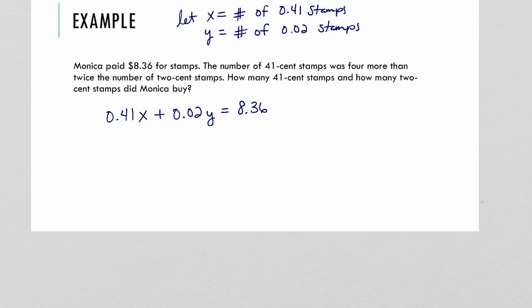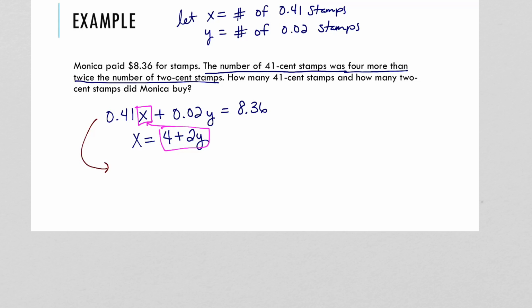Now, it says the number of 41-cent stamps was, so x was or is means equals, 4 more than twice the number of 2-cent stamps. Okay, so now x is equal to this business right here. I can take this and put it in for x right there. So I'm just rewriting this equation.